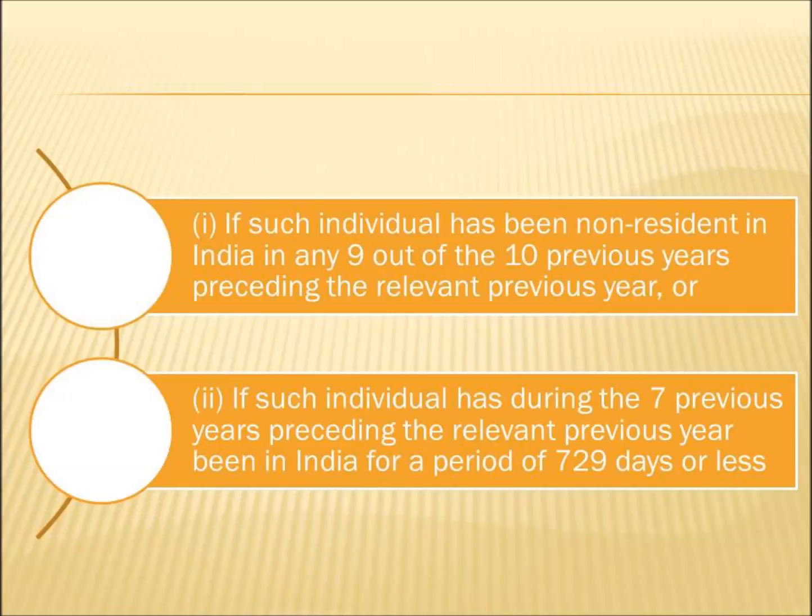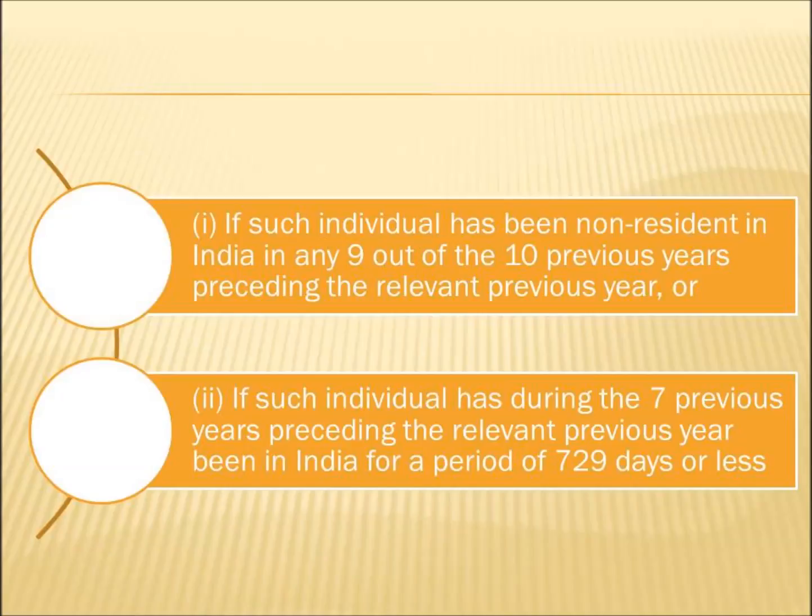What are the 2 conditions? Number 1 is, if such individual has been non-resident in India in any 9 out of 10 previous years preceding the relevant previous year. So what I have to see is that this is the current previous year, and I am being assessed for the current previous year.